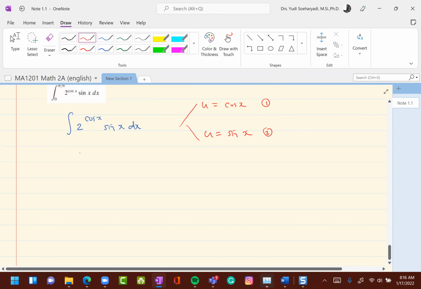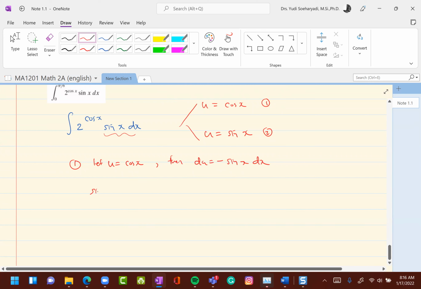When you choose u equal cosine x, then du is negative sine x dx. So sine x dx, then this one here.